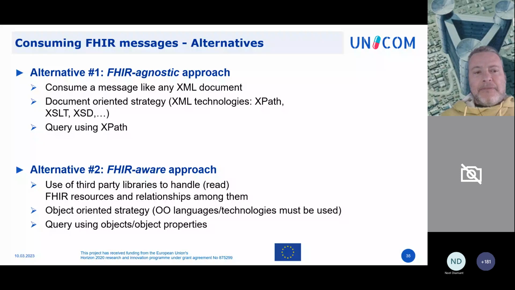Another possible alternative that we called FHIR-aware would be to use some library or some technology that is FHIR specific. There are several alternatives of this type that can be used, at least in Java and in Microsoft .NET technology.